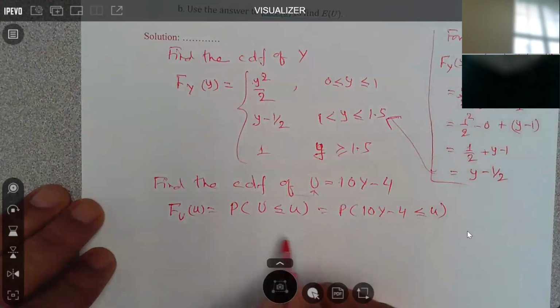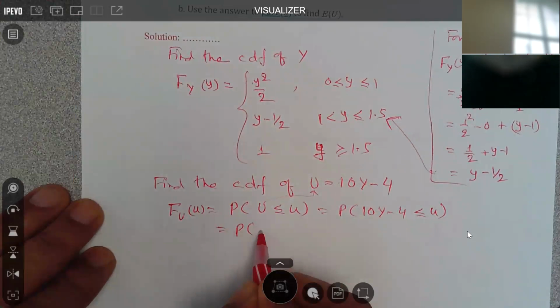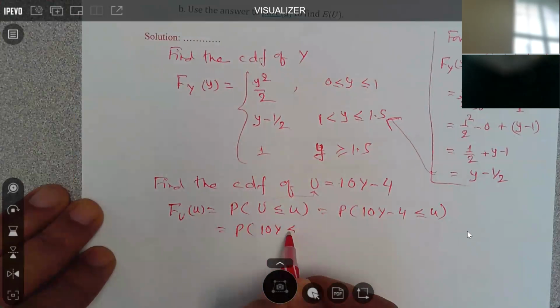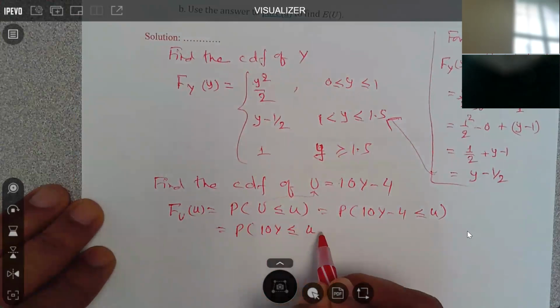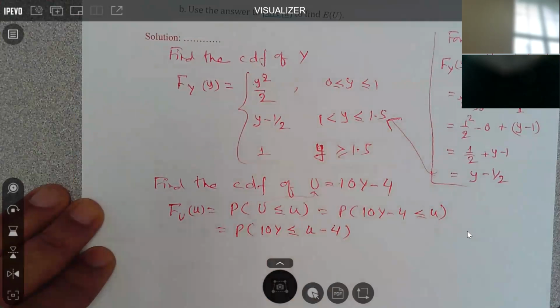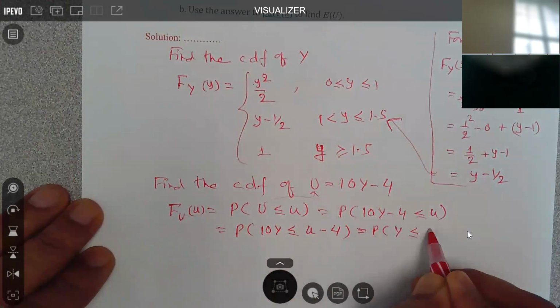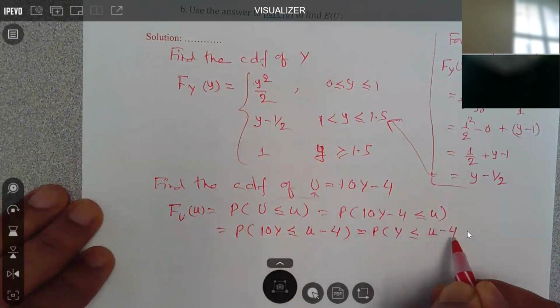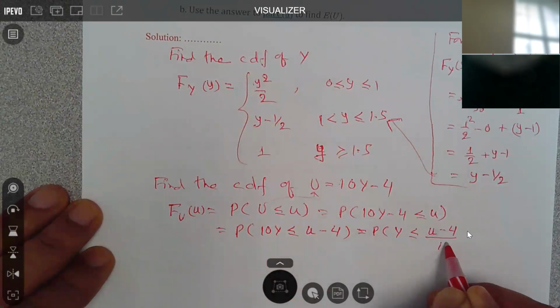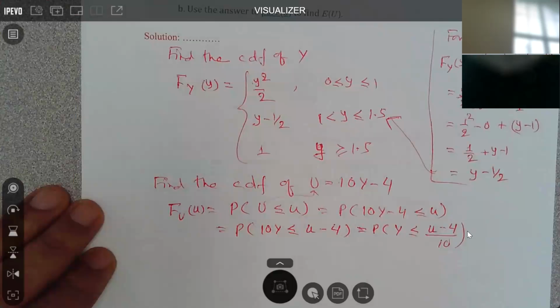Now this is equal to probability 10Y is less than or equal to u minus 4, right? So this is equal to probability Y is less than or equal to (u minus 4) divided by 10, right? Yes, (u minus 4) divided by 10.